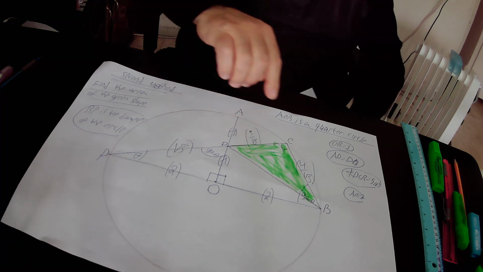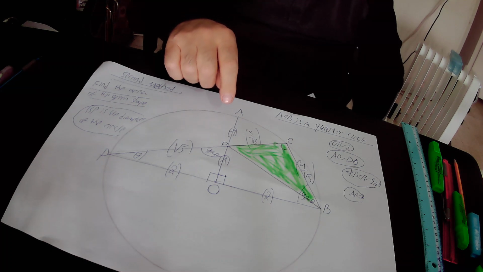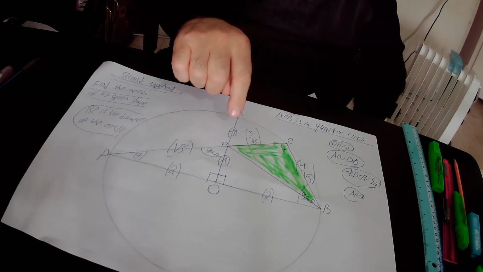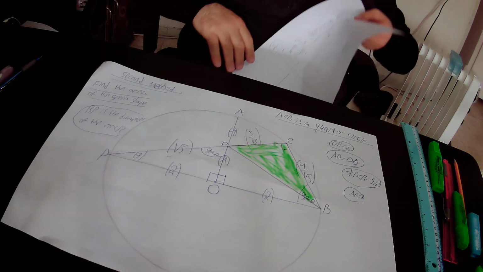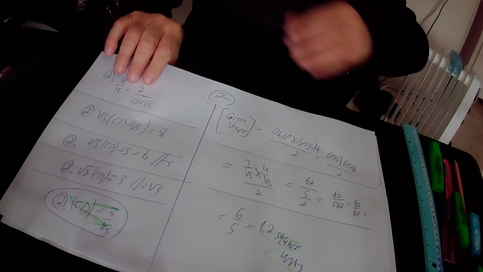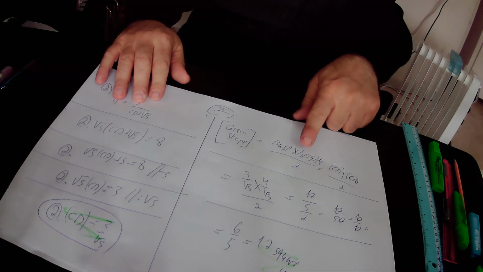Our mission is to find the area of this green shape, in other words, this green right triangle DCB. The area of any triangle equals the base times the height over 2.